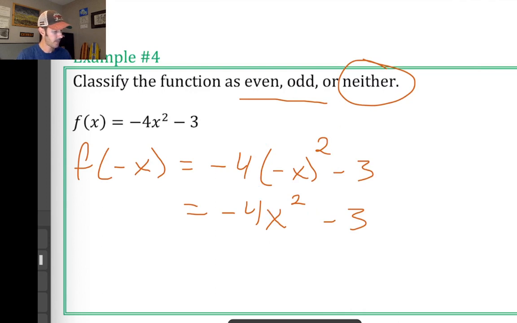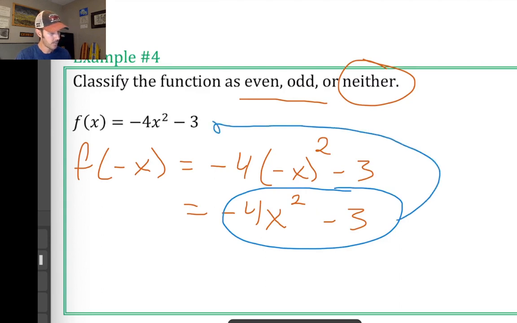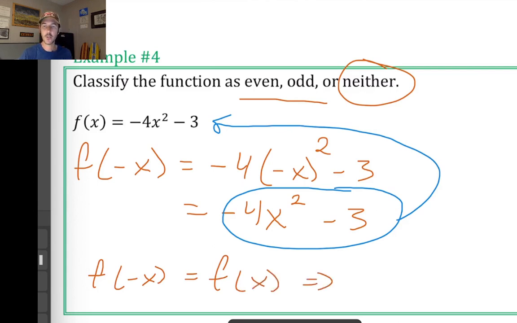The result was positive x squared, and wouldn't you know it, f of -x is equal to f of positive x. Therefore, our function f is even.